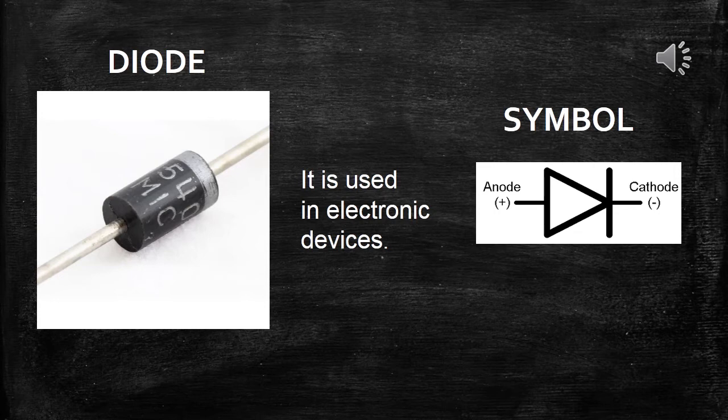One is anode and another one is cathode. That anode end is represented by a triangular symbol, and cathode end is shown by a straight line. So nearby, the symbol of the diode is mentioned. Since it has got two ends, positive and negative end, this is called diode. Di means two. It's a semiconductor device and it is used in all electronic devices.